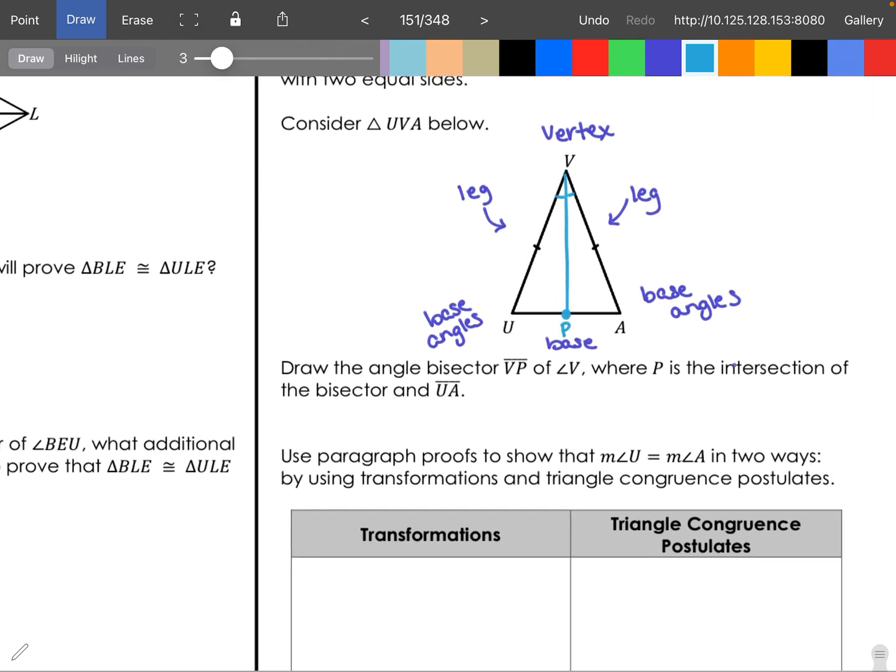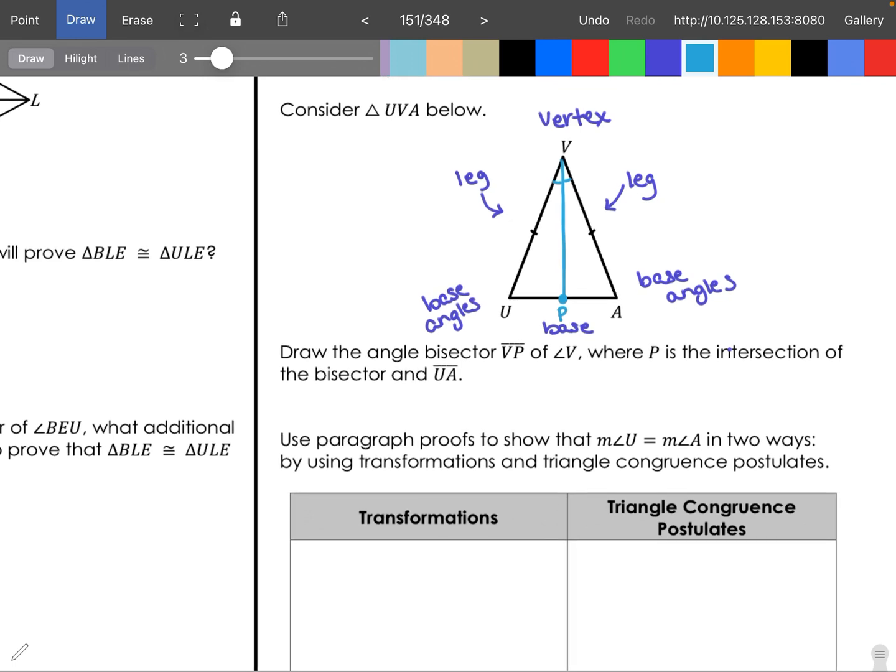It says use paragraph proofs to show that the measure of angle U is equal to the measure of angle A in two different ways. We're going to do one way as a transformation. We're going to do the other way as triangle congruence postulates, meaning our side angle side and all of that.